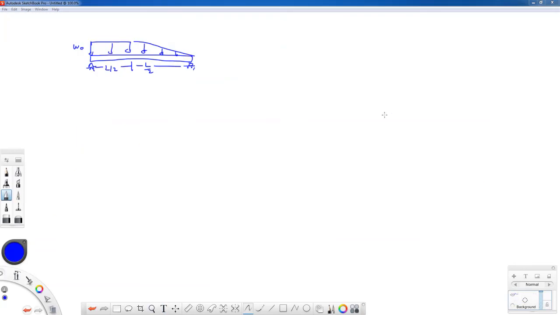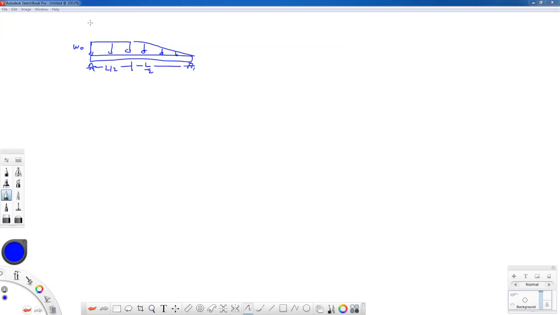Now there's one last thing I want to mention, and that is if your load is discontinuous on your beam. So I have a portion of a constant distributed load over half the beam, and on the other half I have a triangular distributed load in this example. Then we can find an internal shearing force and bending moment for each region of the beam.